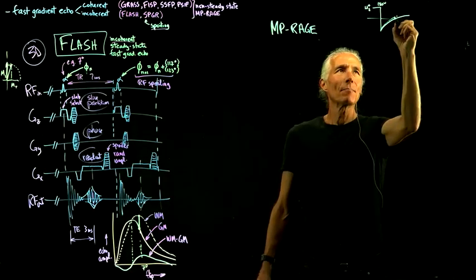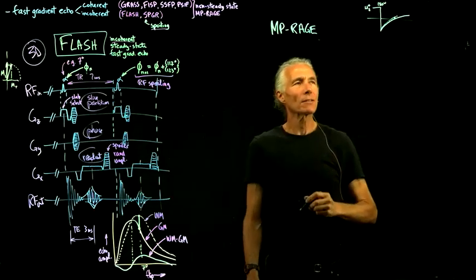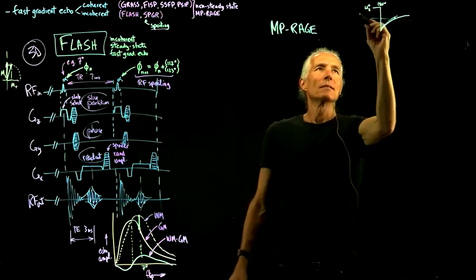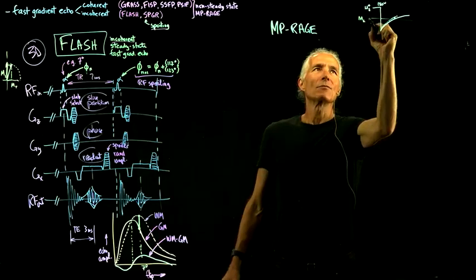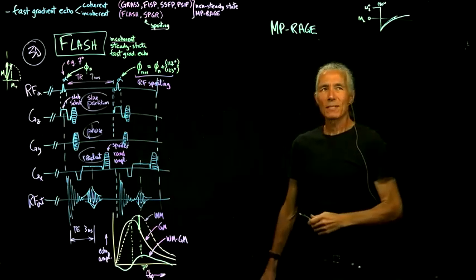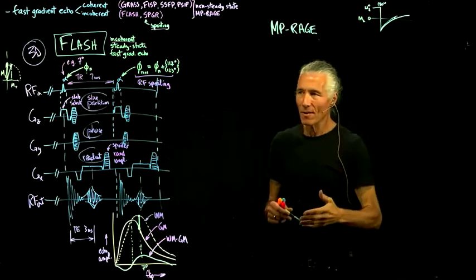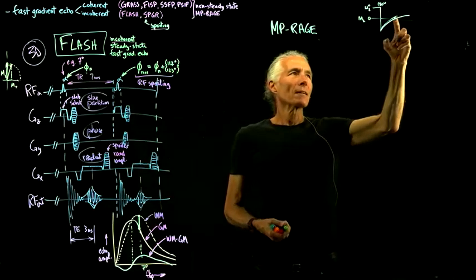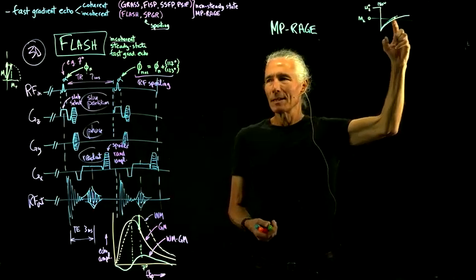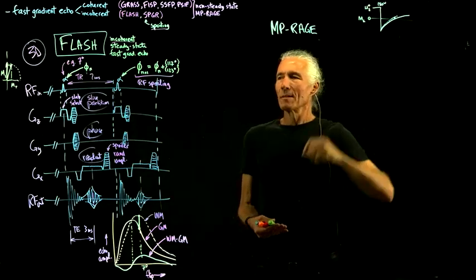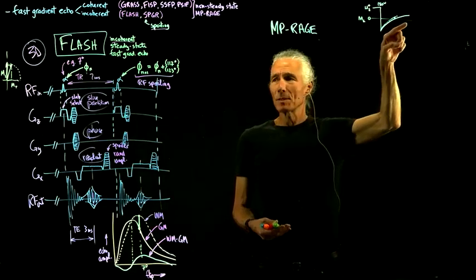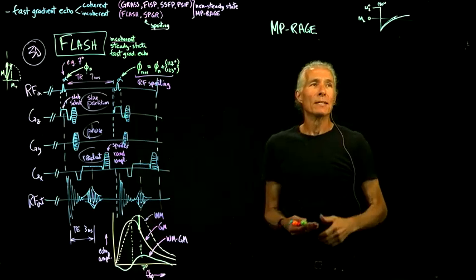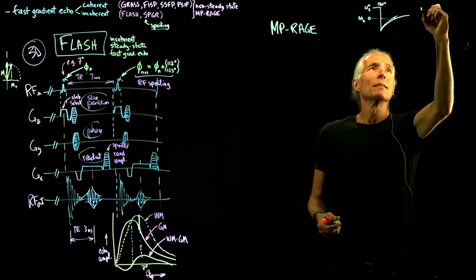Right at the point when one of the tissues is at longitudinal magnetization 0, we do another RF pulse, and then we get a lot of signal from the dotted one and not much signal from the continuous one. So that's inversion recovery.